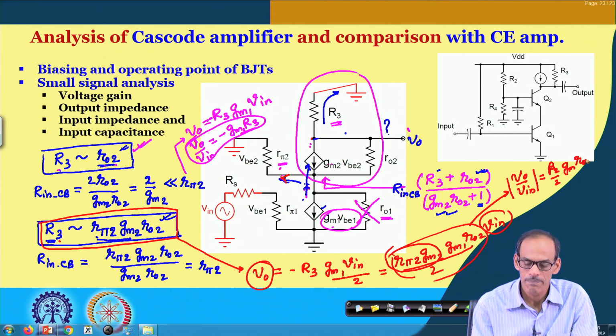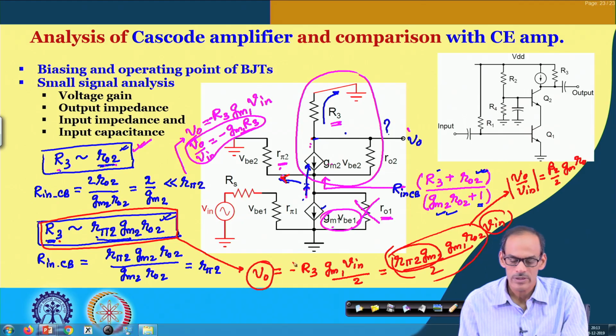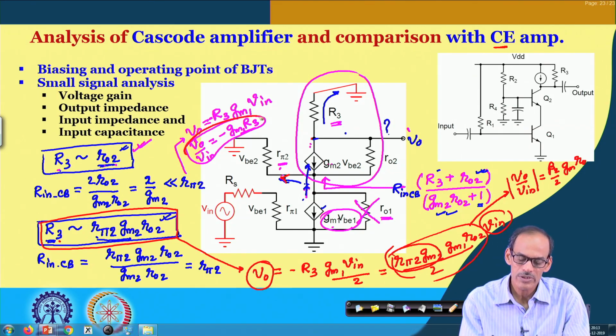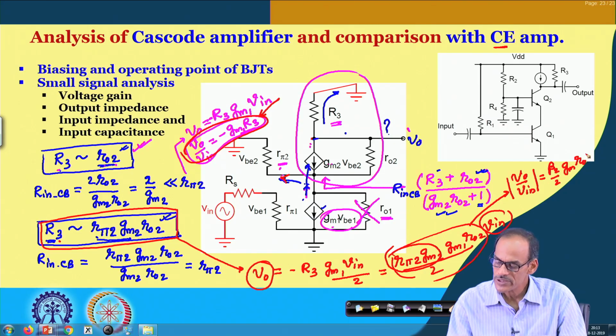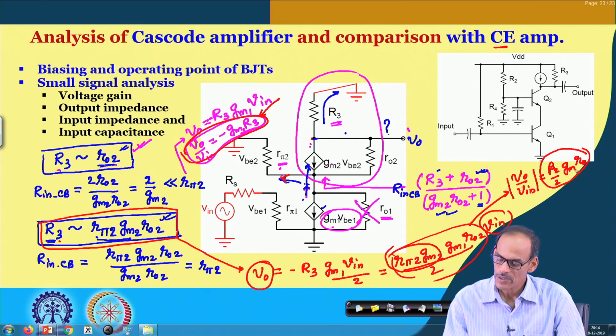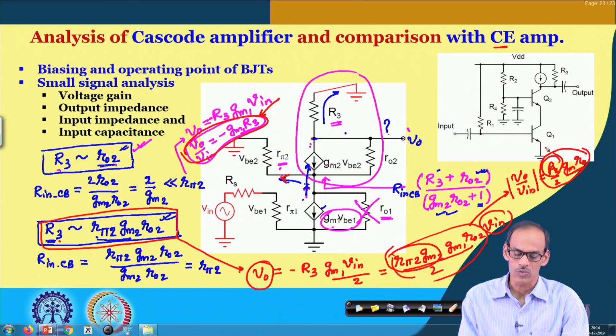This means that if I consider a simple CE amplifier, where R3 may be in the order of R O, whereas for this case the gain is higher than the CE amplifier's gain by a factor of beta 2.